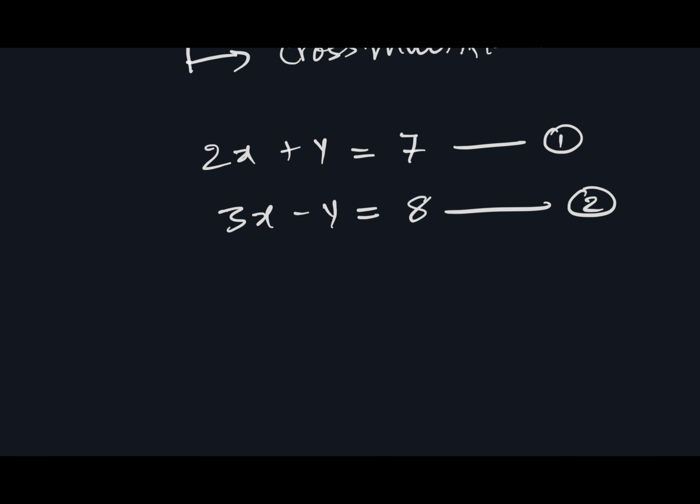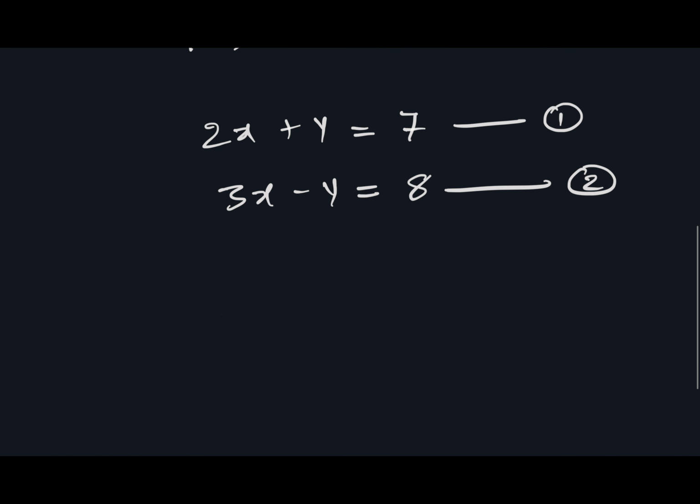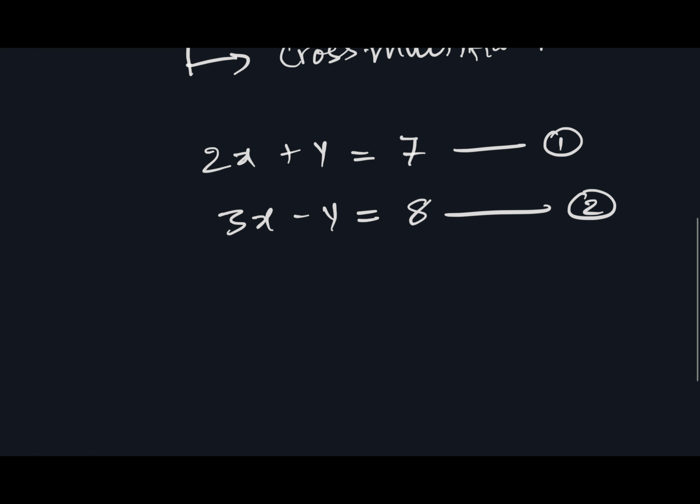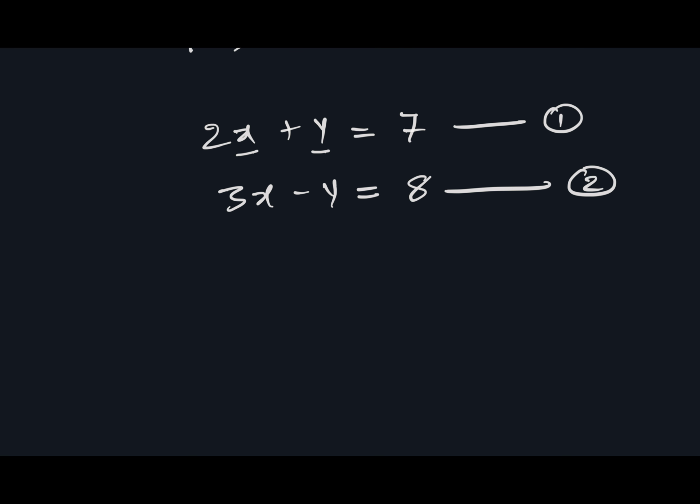By the method of substitution, we will find the value of x or y from equation 1 and substitute this value in equation 2. So let's see how we can do it.